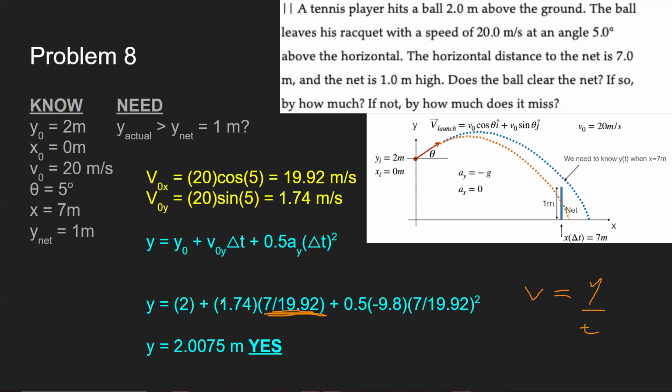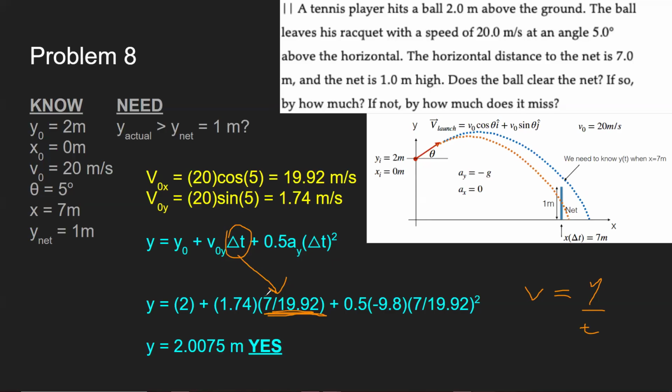So the velocity is changing as we go, but we can actually use this formula, t equals y over v. Oh wait, never mind. I'm sorry. I don't know what I was thinking.